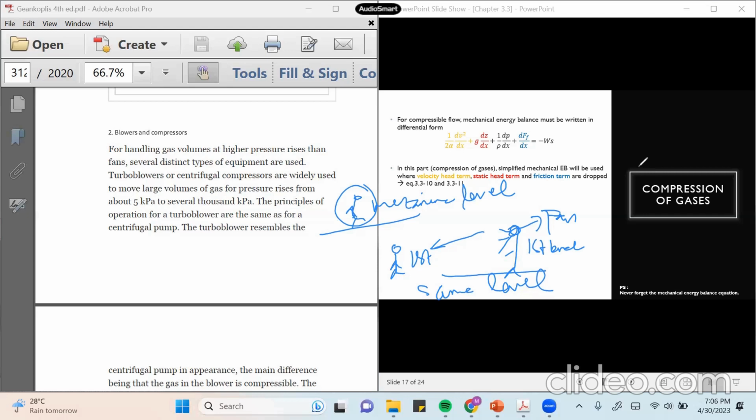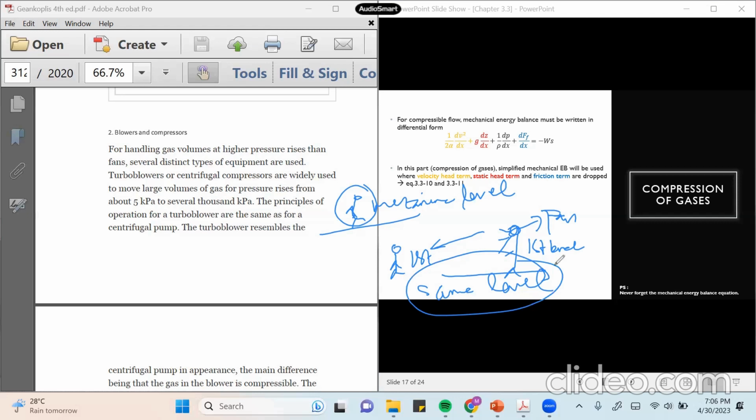So that's why, when we discussed example 3.3-3 and wanted to calculate the power of the fan, we usually assumed that delta Z is 0, because the one who can feel it is usually the one at the same level.